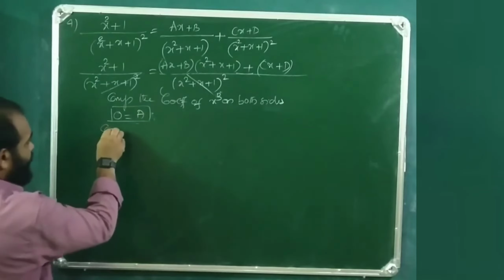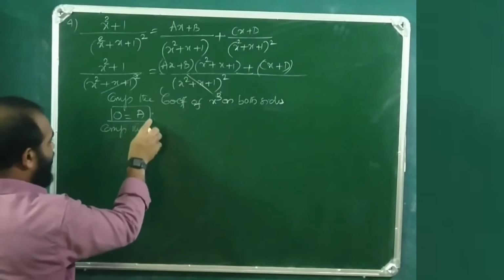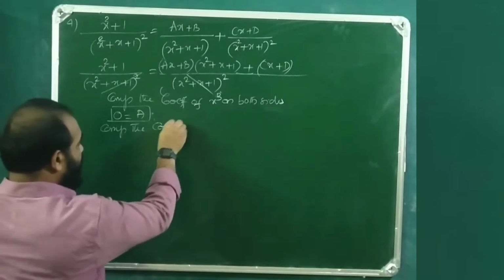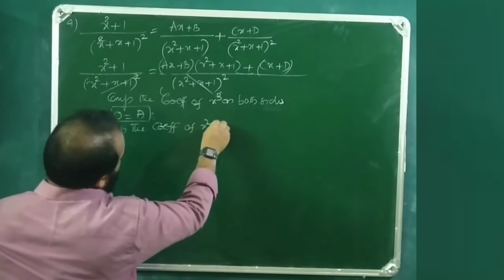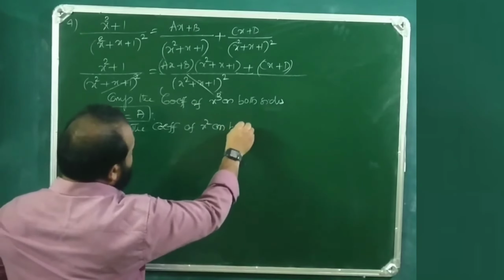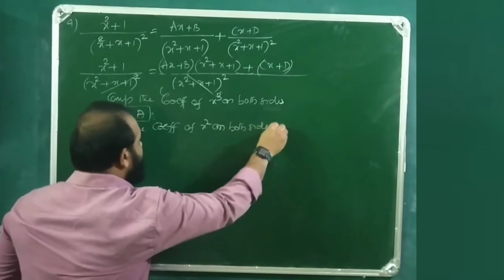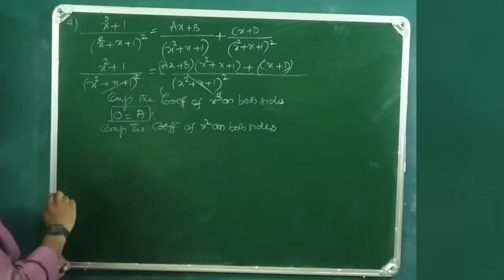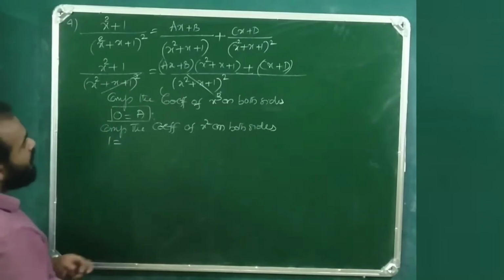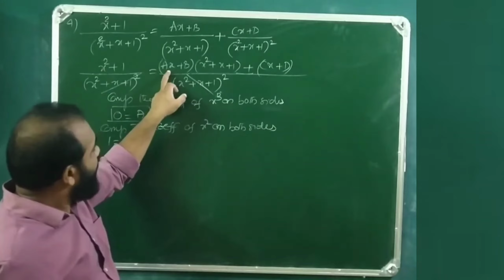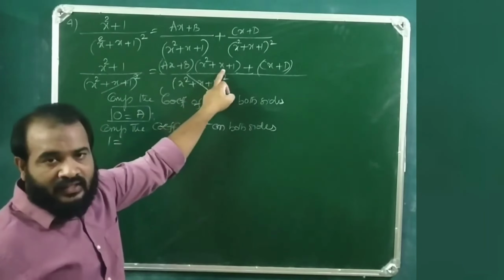Now comparing the coefficient of x square on both sides. So x square coefficient in the LHS is 1. This is ax into x, ax square.